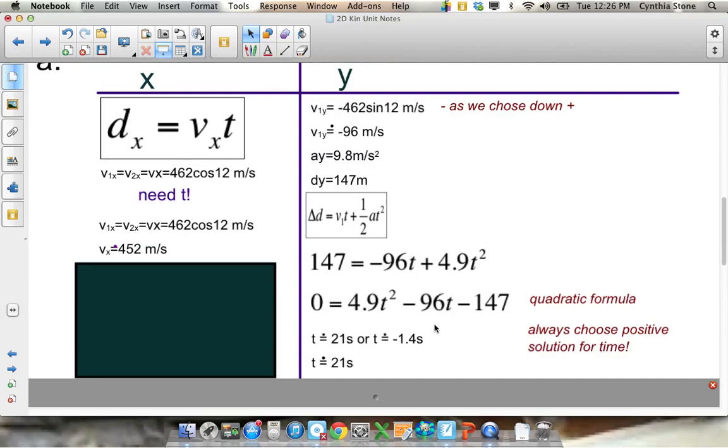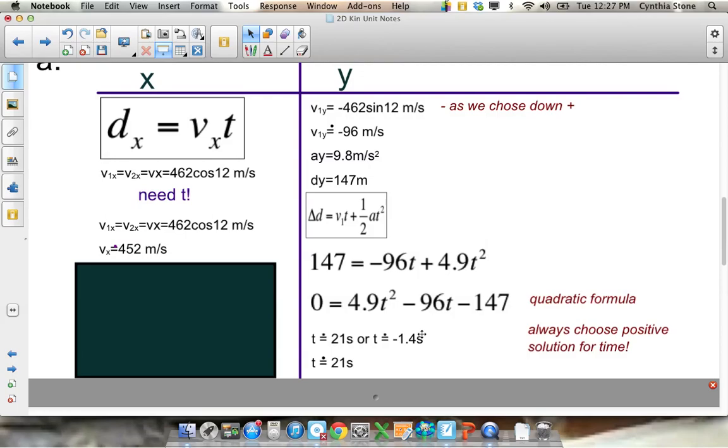And you sub into it. I didn't write it down, and I don't care how you solve your quadratic, if you do it in your calculator, if you do it in an app, if you do it by hand using the formula, whatever. You solve it as you wish. It does work out to two possible answers for time, and fortunately, we always use the positive. We choose the positive every time.